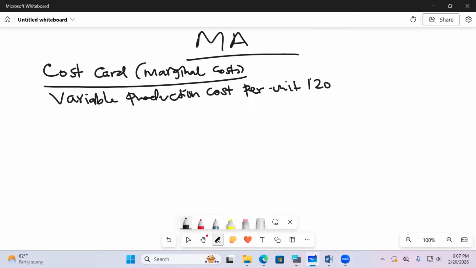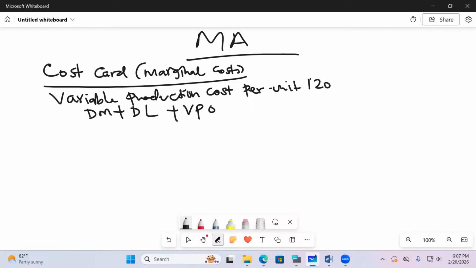Like the one that we did yesterday, it had direct material cost, direct labor cost, and then variable production overhead. Here they have given us just one figure. They are good examiners. They have given us the variable production cost per unit. Ordinarily, I would have looked for direct materials plus direct labor plus variable production overheads.